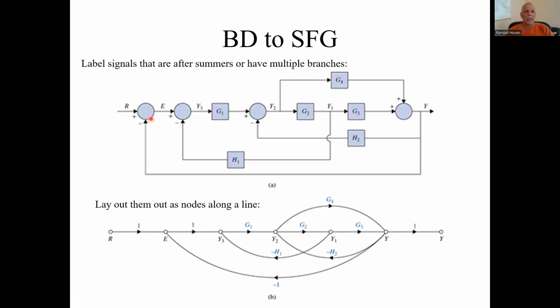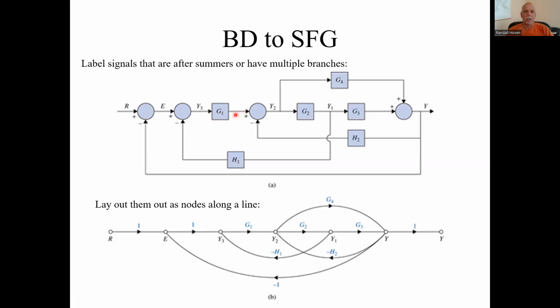Here is a summer. What comes after it? You want to label that. We'll call it E. We could have called it something else, but since the PowerPoint was already made, let's call it E. Here is another summer. So we want to label whatever signal comes after it. We call that signal Y sub 3.